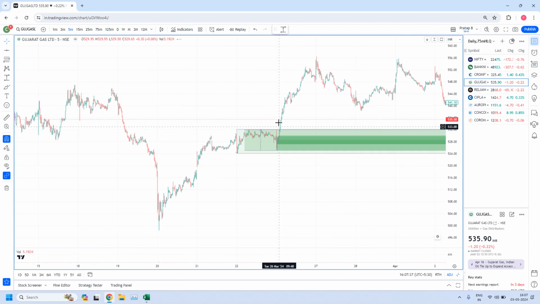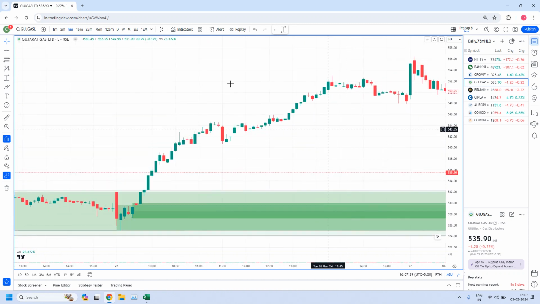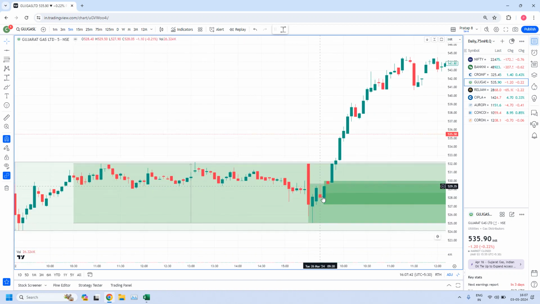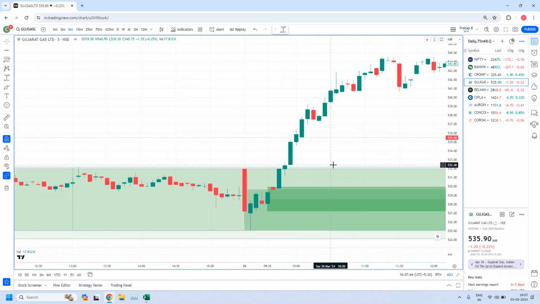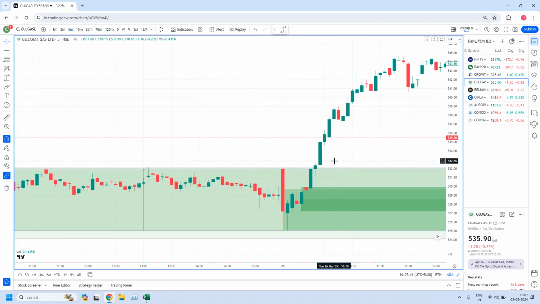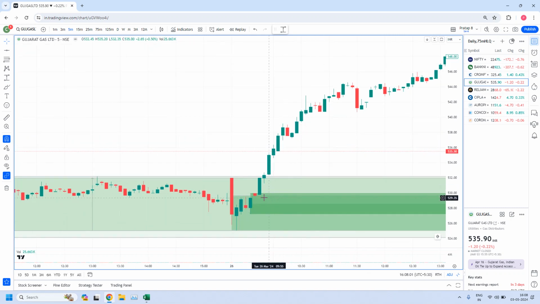Here we have a fine tuned area at the 5 minutes level: a rally, 3 base candles and a rally. Because the risk is high, we have even fine-tuned with the 1 minute level. Inside 5 minutes, 1 minute order flow is also there, in case those who feel cannot accept more risk.